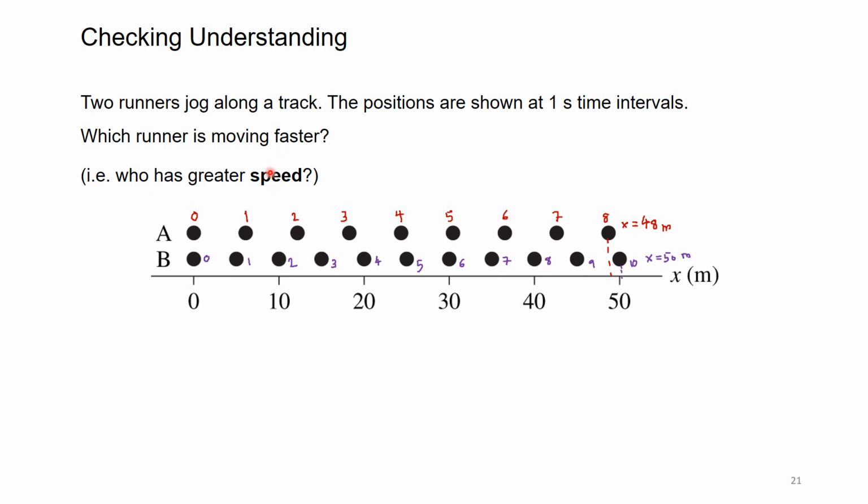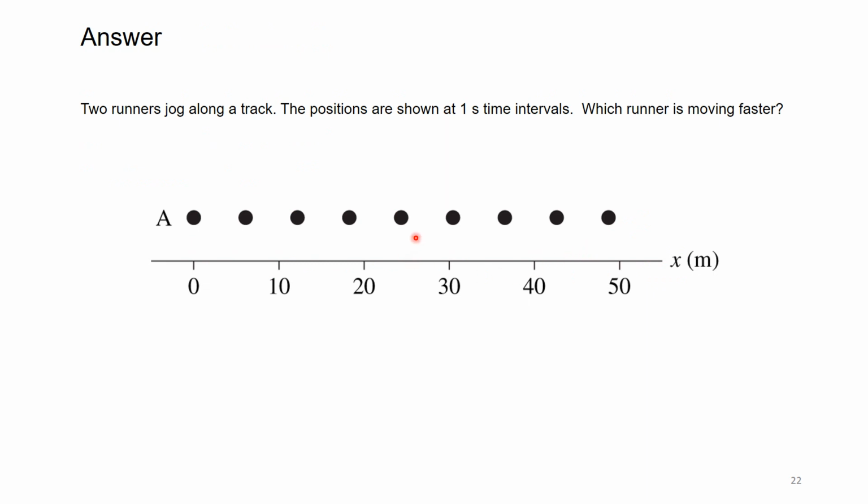So the question is, which runner is moving faster? Who has bigger speed? Here, this is what we have. Runner A has a bigger speed, because to find speed, you do the distance over time.